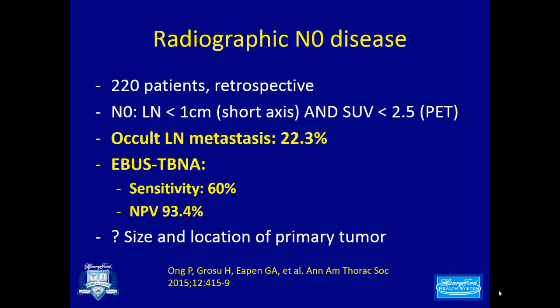We don't know. The sensitivity for EBUS was 60%, and the negative predictive value was 93%. The problem is that in this study they didn't gain more information on the size of the nodule or the location of the primary tumors. I think that's important to know, because those are other characteristics that can tell us whether, if the patient has this size of tumor, we should pursue mediastinal staging regardless, or if it's located in a certain lobe, then we should pursue it.